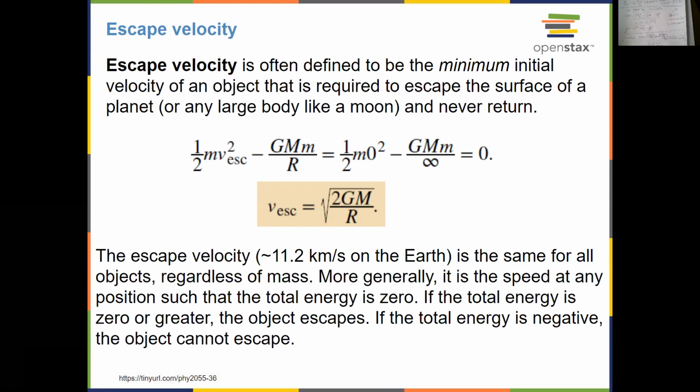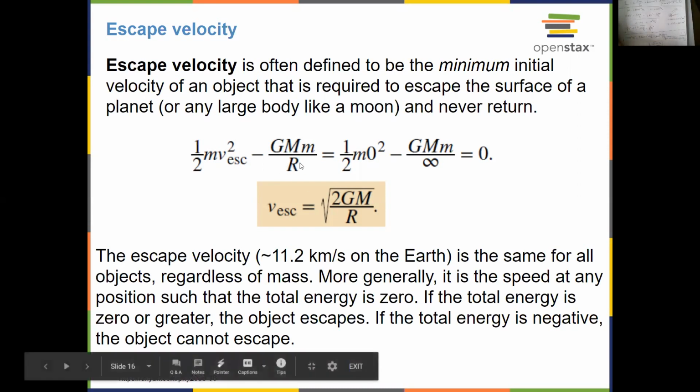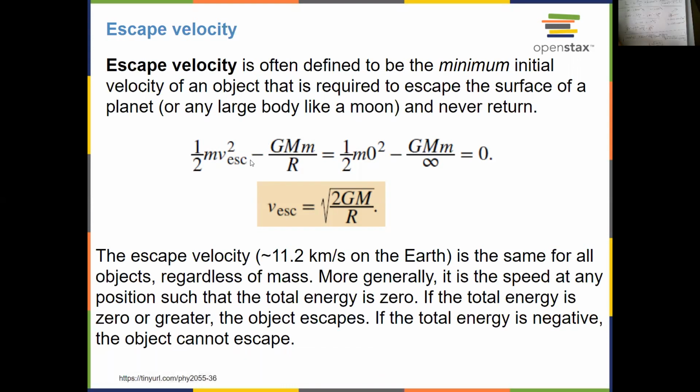If you are launching something into space, you are originally on the surface of the Earth, so this is the original gravitational potential energy. If you want an object to escape the Earth, you need an initial velocity that's big enough. We call it the escape speed or escape velocity. So this is the original kinetic energy.